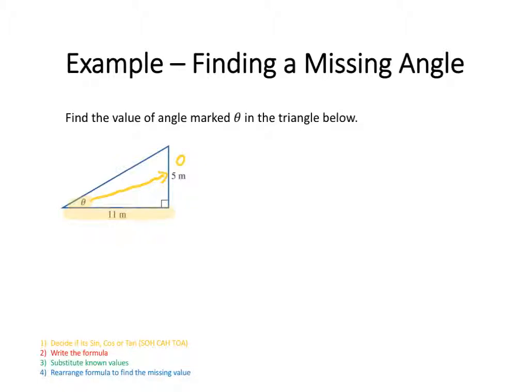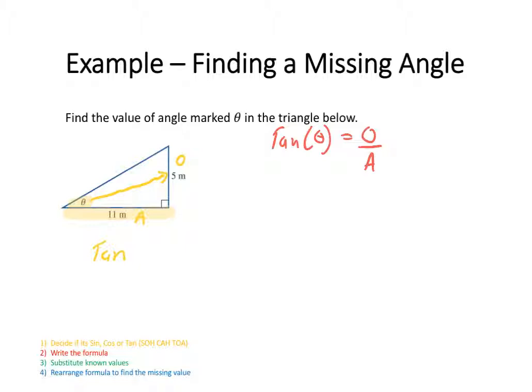When I've got opposite and adjacent, the trigonometry ratio I need to use is tangent, or tan. So the next step is to write the formula for tan. Tan of an angle is equal to opposite over adjacent.